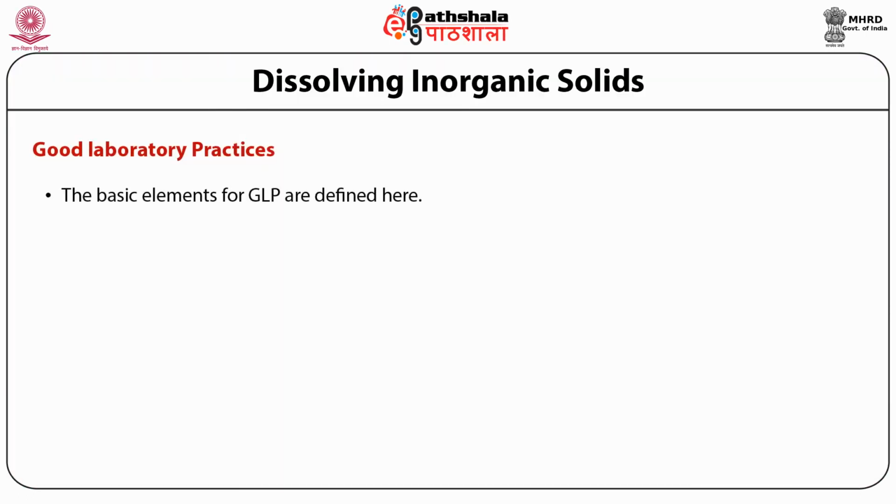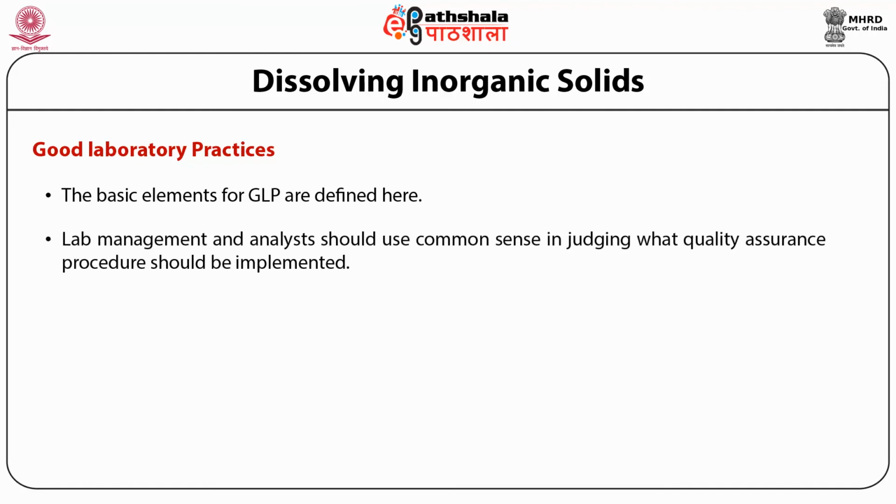The basic elements for GLP are defined here. The bottom line is that lab management and the analysts should use common sense in judging what quality assurance procedure should be implemented, based on the goal of the analysis, experience, available methods, time and cost constraints, and the like.